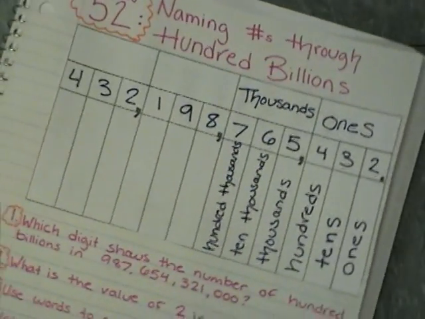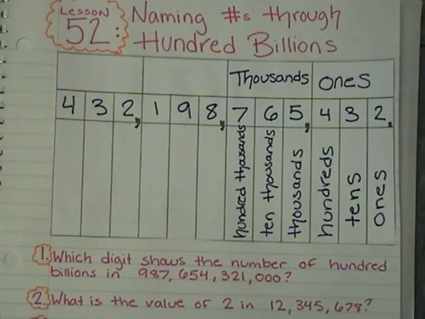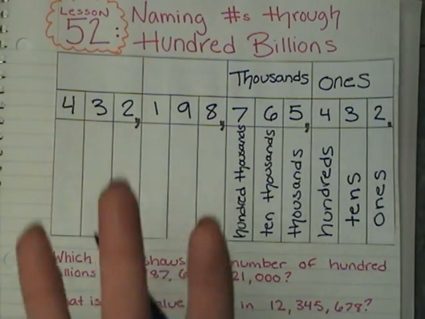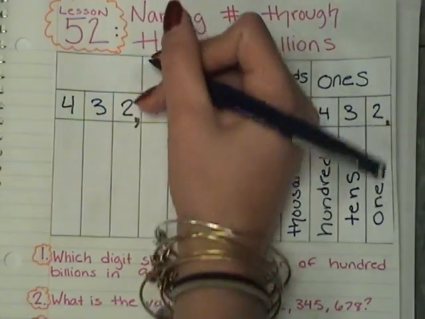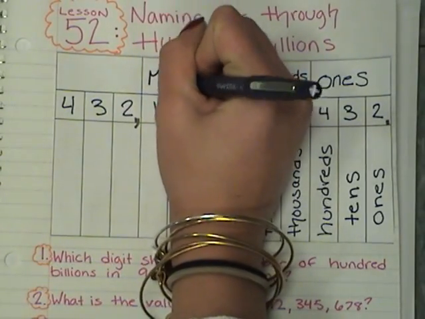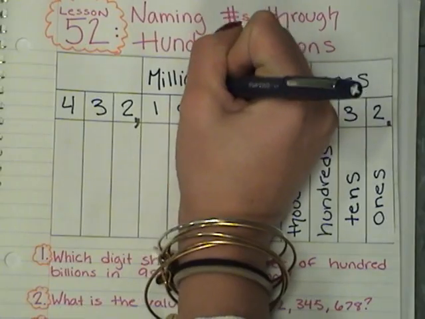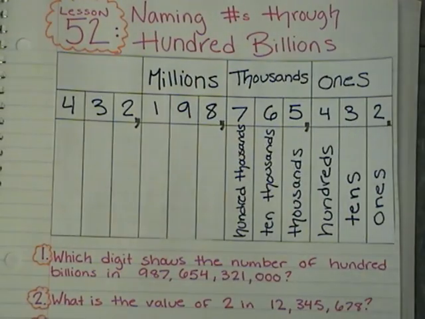All right, and I'm at my next chunk. In my next chunk, we started with our ones, then we went to our thousands, and what is after our thousands? Our millions. All right, so if we follow what we did with our thousands, we know exactly what to write for our millions.